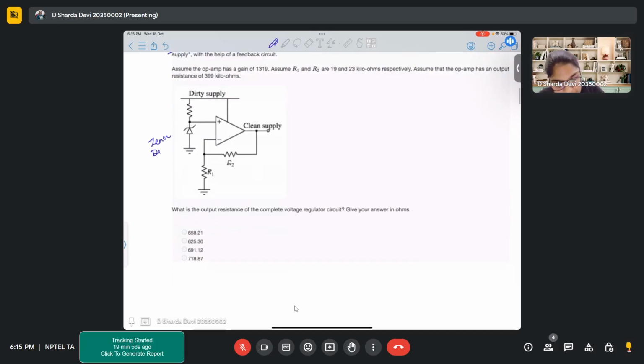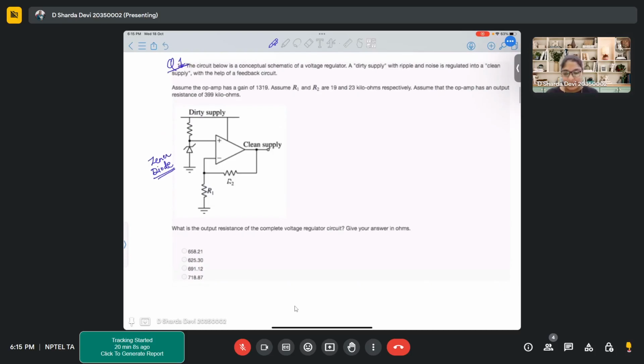And what is the property of a Zener diode? If somebody may recall, what is the basic property of a Zener diode? What comes to mind when we say Zener diode?